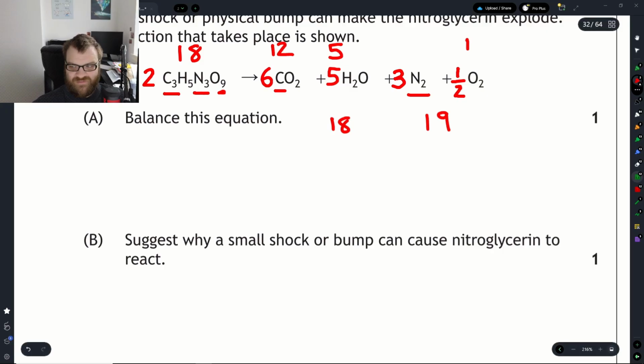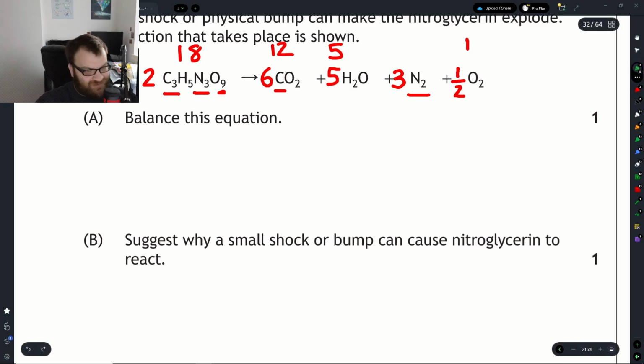That works out. One of the things is that sometimes people are quite against putting half of a particular element.